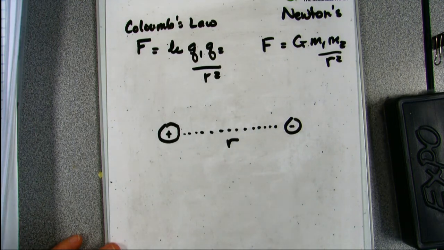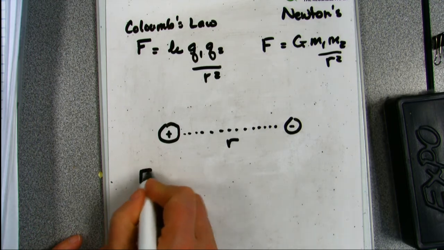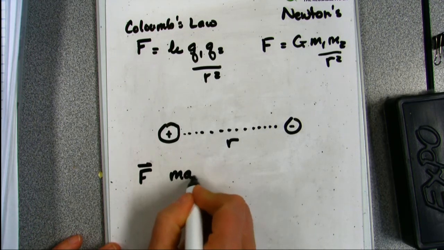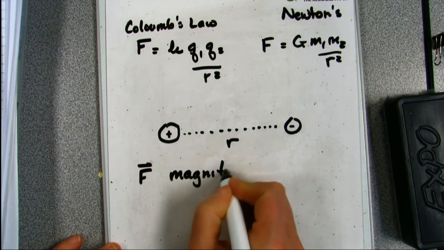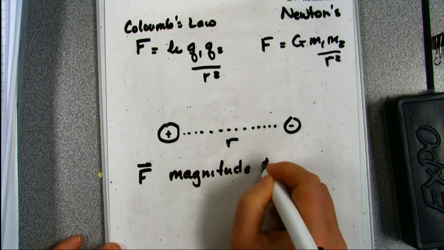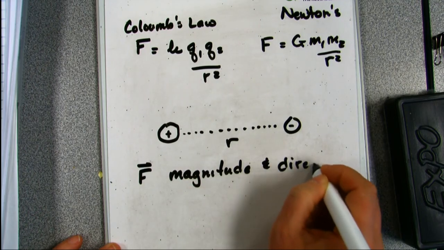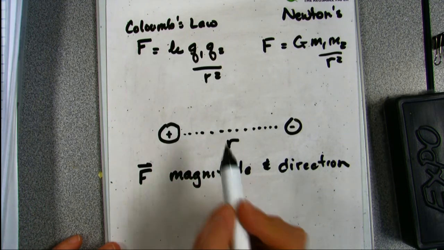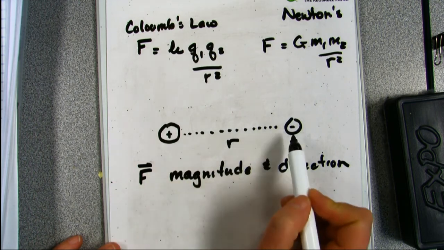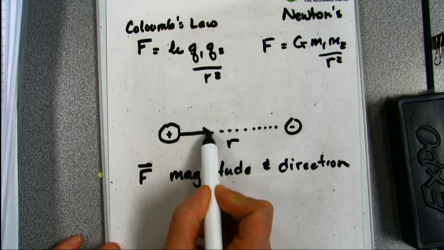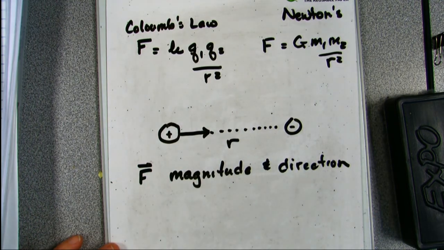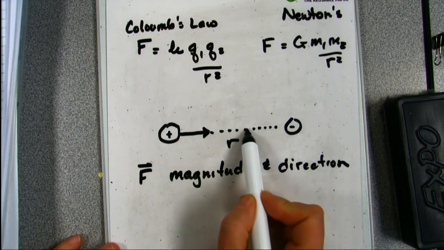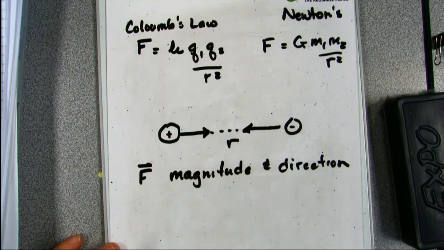Forces are vectors, right? My force is a vector, so it's got magnitude and direction. What we know is that if I'm looking from this charge to that charge, that one's going to have the force going that way, and this one's going to have the force going this way.